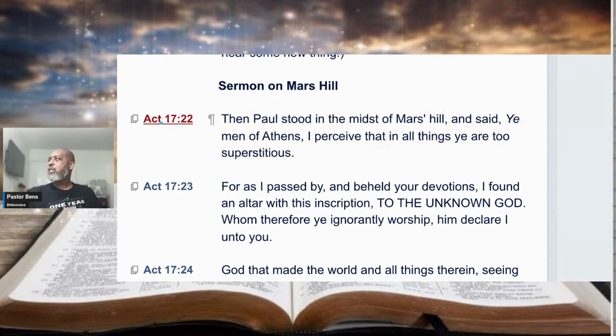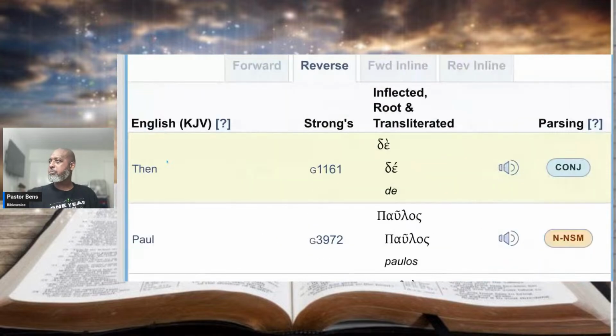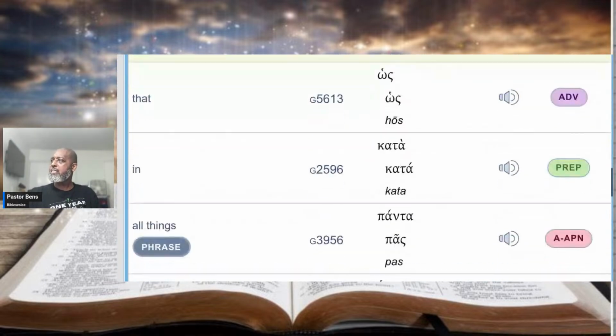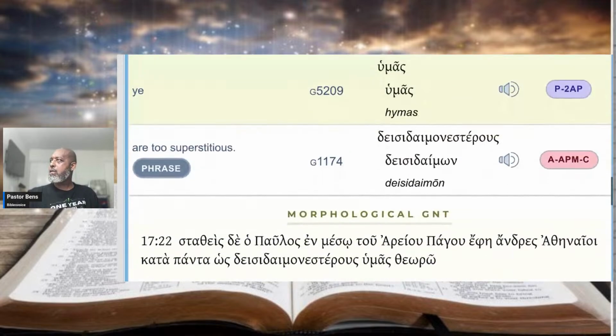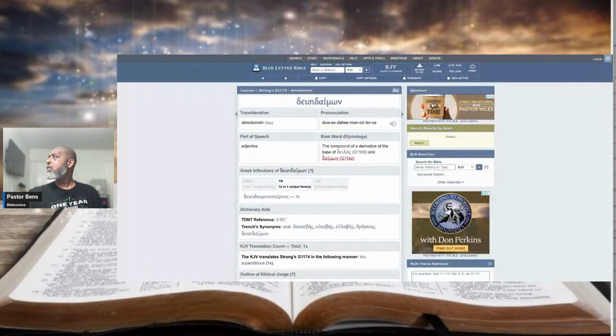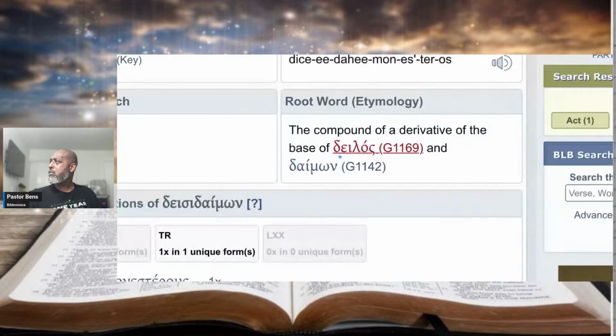I want to look at this word superstitious really quick, because this word is going to give us a little insight. Watch this. It's a compound word. You can see this.